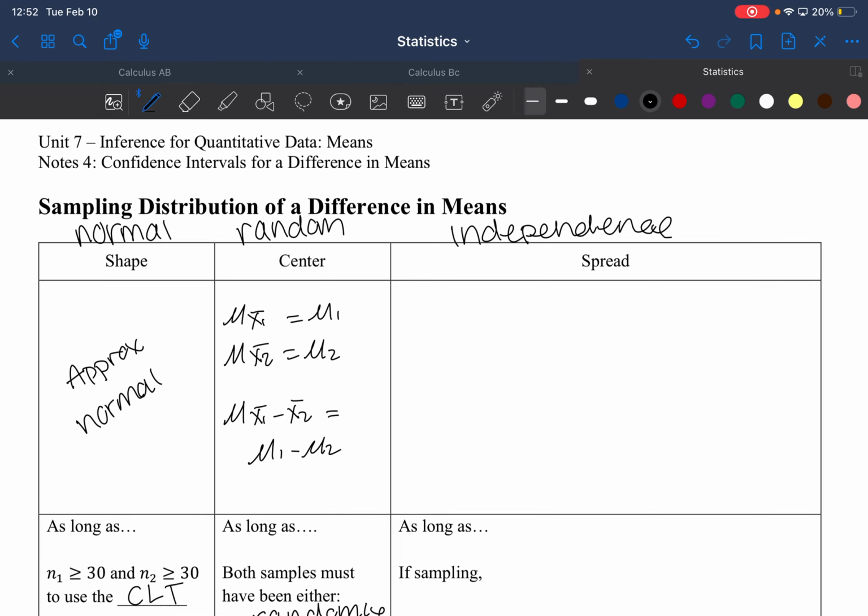For independence, we're talking about spread or standard deviation. So we have sigma of x1 bar is equal to sigma 1 divided by the square root of n1, and sigma x2 bar is equal to sigma 2 divided by the square root of n2. So if we're doing the difference of two standard deviations, remember we never subtract them, so we're going to do what instead?